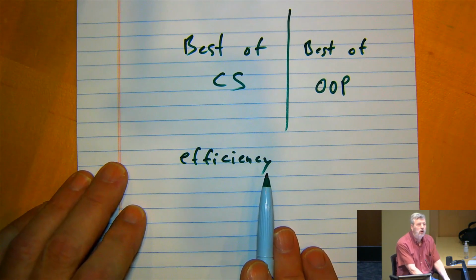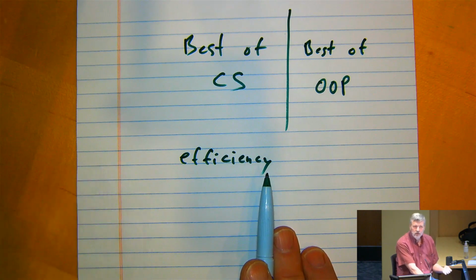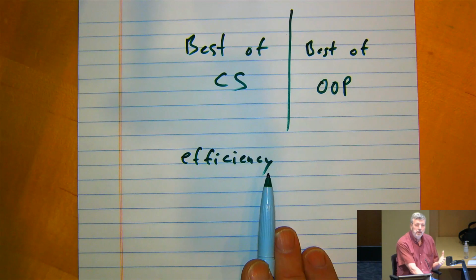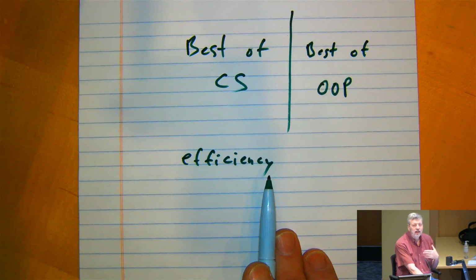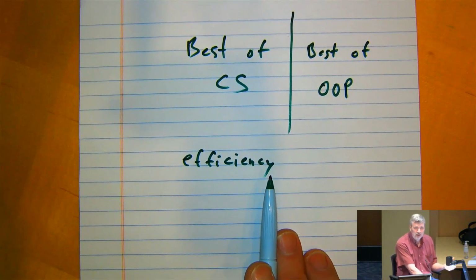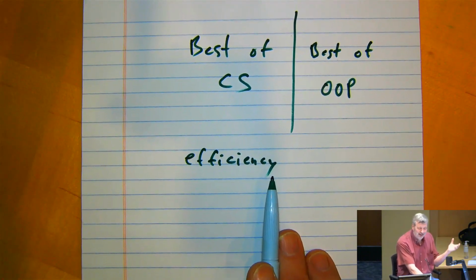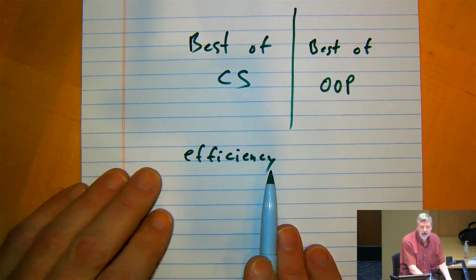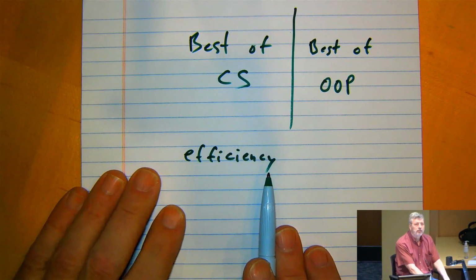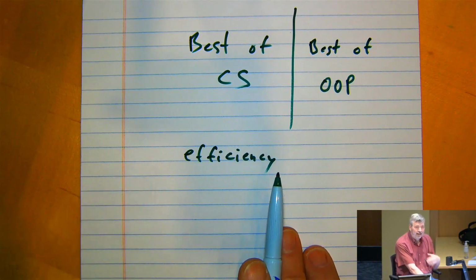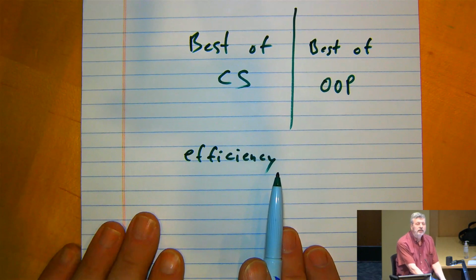There's a famous quote that premature optimization is the root of all evil. I've generally heard it attributed to Don Knuth, but apparently Knuth said that Tony Hoare said this, the guy who invented Quicksort, and Tony Hoare said that Don Knuth invented this. So anyway, they can't make up their mind about who came up with the quote about premature optimization. But in any event, they both seem to agree that that's not a good thing.